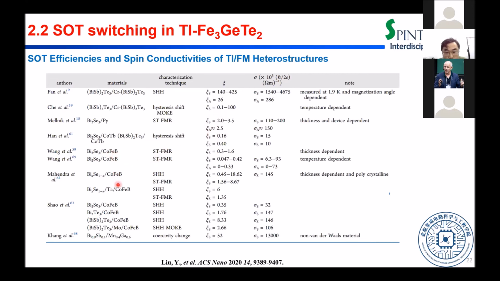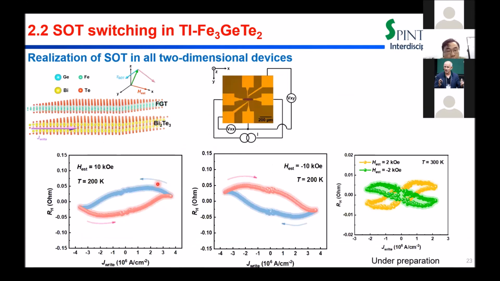With this 3D material, even at room temperature, you can still get a very high spin Hall angle. This work we haven't finished yet, but we use this topological insulator with antimony telluride and can realize room temperature SOT switching, and we can see magnetic field dependent SOT switching.